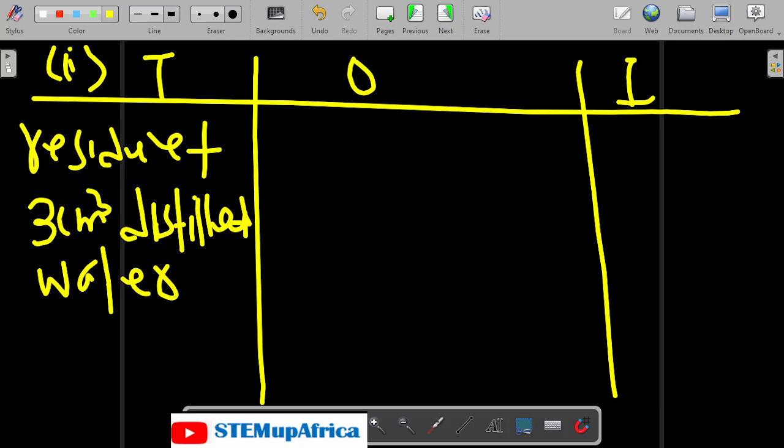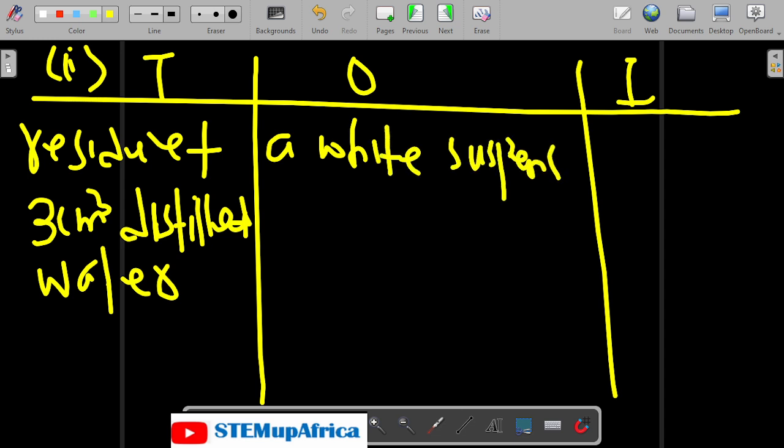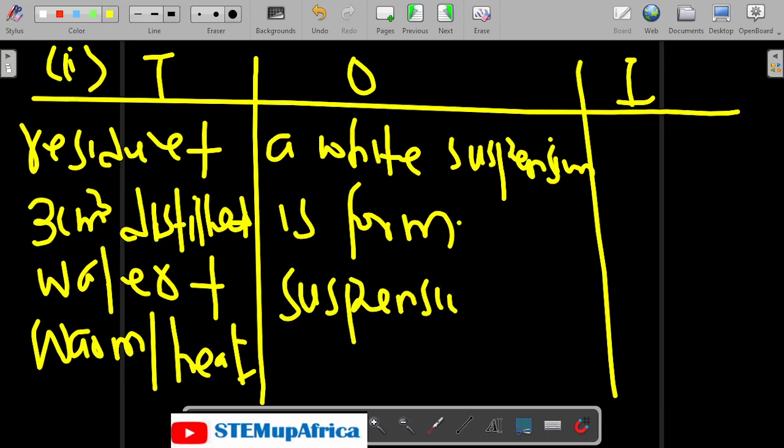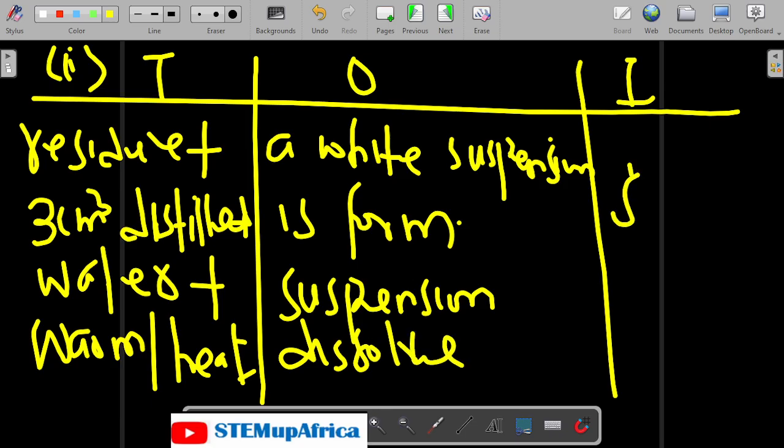What are we having? A white suspension is formed. Then what happens if I warm or heat? The suspension dissolves. So you can say starch is present.